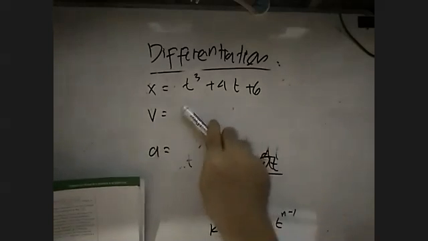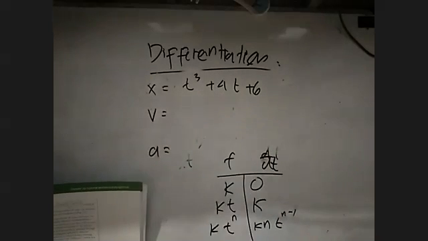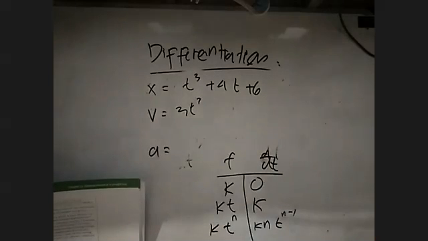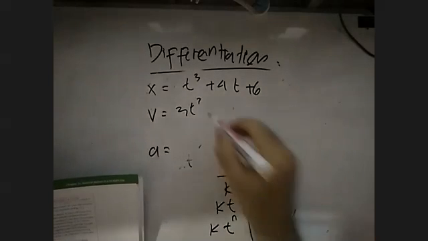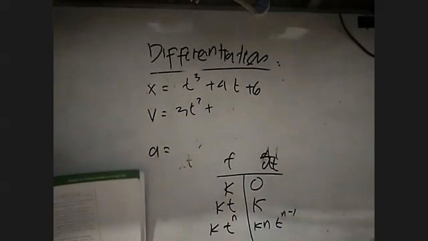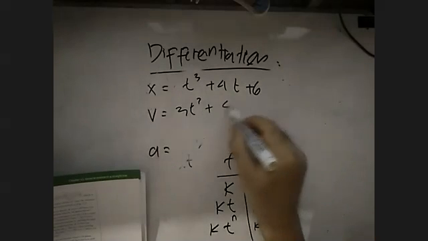What is the differentiation of t cubed? Let's start from Brandon. What is it for t cubed? 3t squared. 3t squared, very good. And then what about 4t? Caroline, what is the differentiation of 4t? 4. 4, very good.